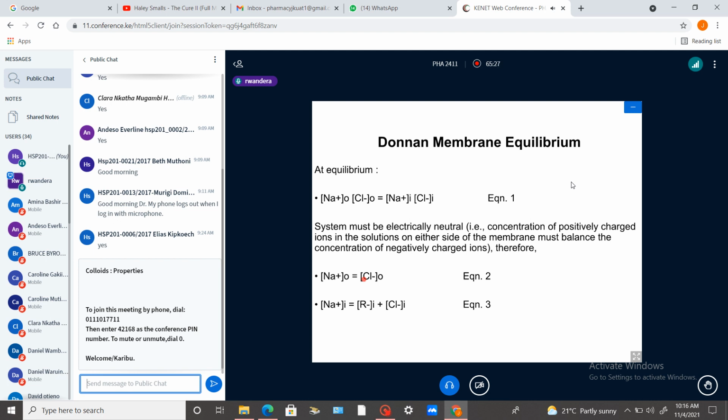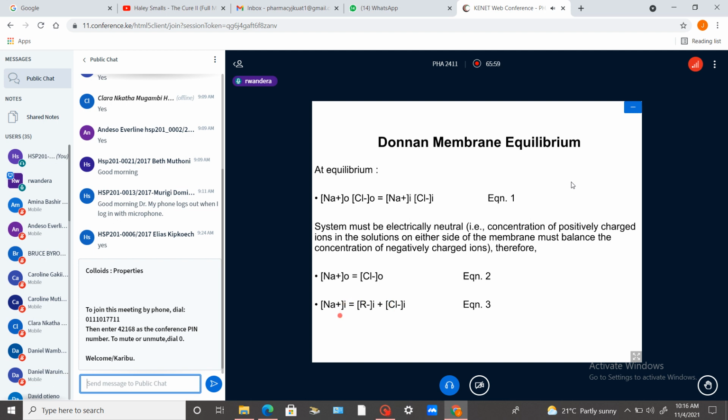Similarly, the concentration of your positively charged sodium ions on the inside of the membrane must balance the concentration of the negatively charged ions on the inside of the membrane. Now remember, on the inside of the membrane, you'll have both the negatively charged colloidal particle and the negatively charged chloride ions.